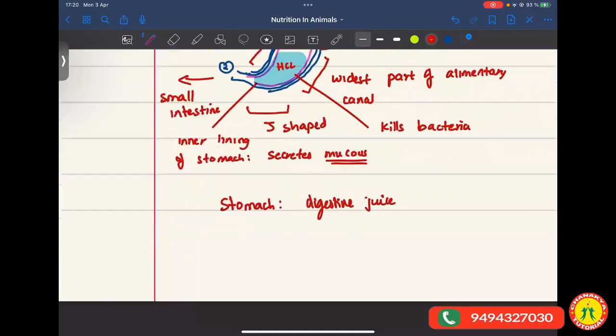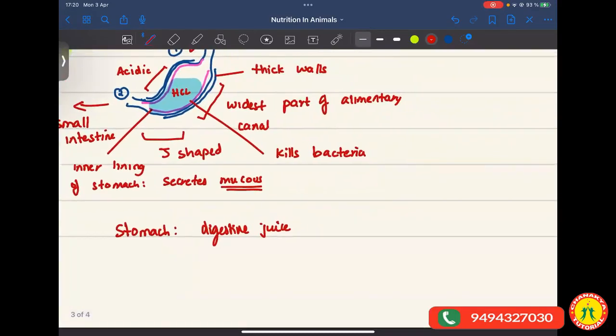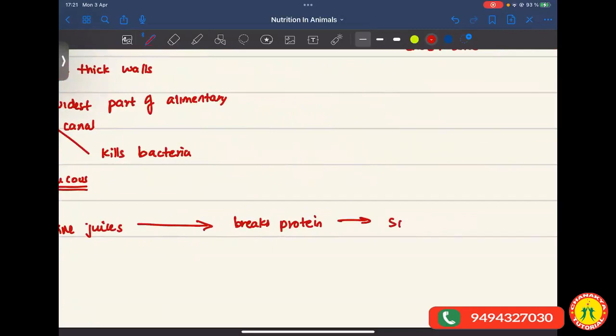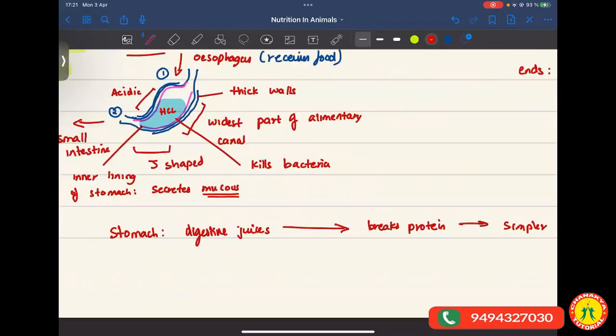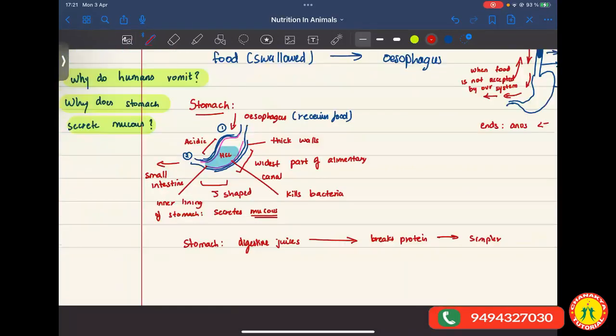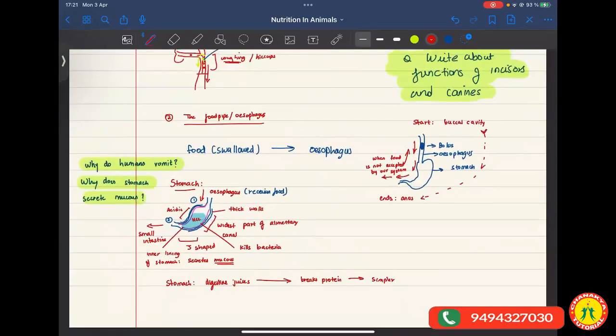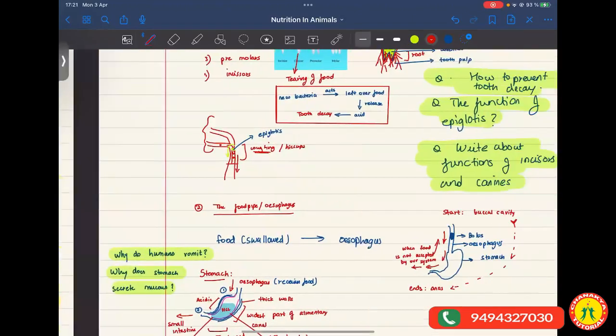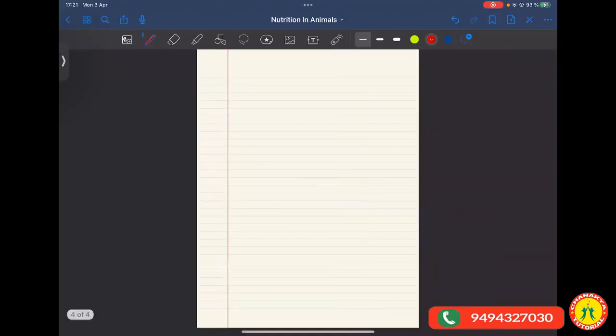Because one, it is there in the digestive system. Second, it helps in digestion. Digestive juices break down complex proteins into simpler substances. This is the function of the digestive juices present inside our stomach. All right. Okay, now going to the next part.